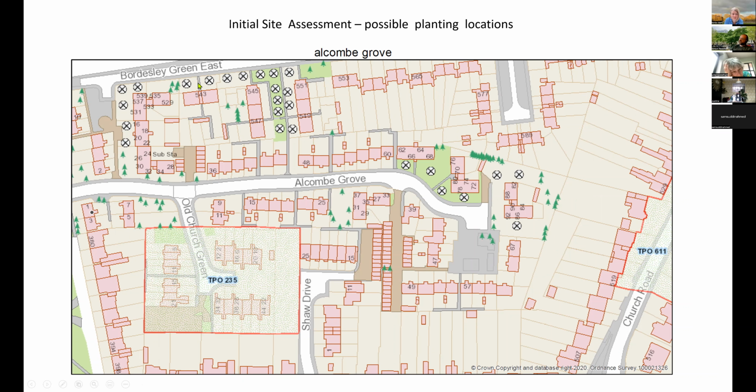We've used this circle with a black cross on, identifying perhaps a maximum number of trees that we might be able to get in an area, but we haven't got much data other than that. We can see some existing trees already managed by the council shown on this map as well. This map also shows there's a TPO down here, because it's taken off the same map. So you can see there was a tree preservation order for that part there.